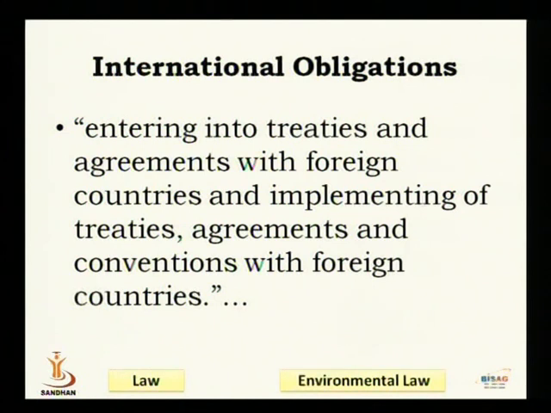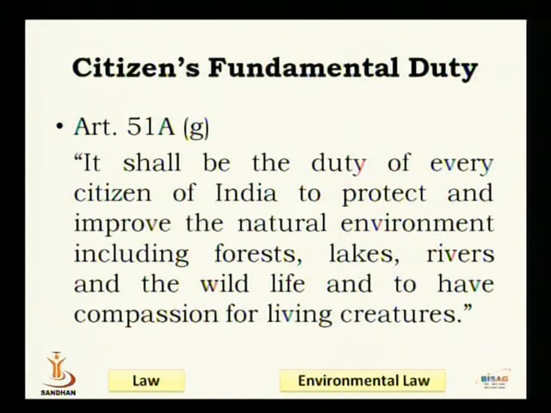This international obligation also speaks about the duty of a state to apply any decision taken at an international conference, international body or international agreement.